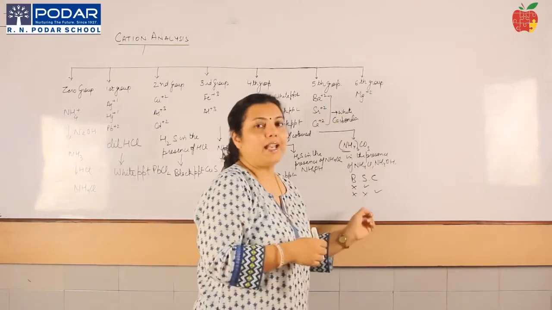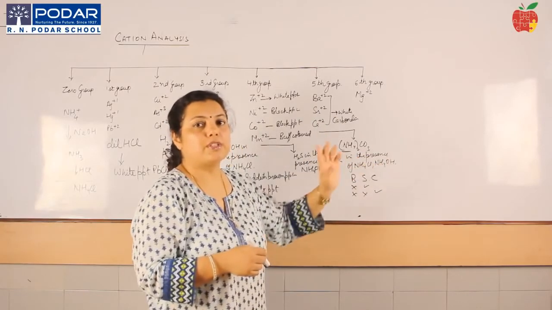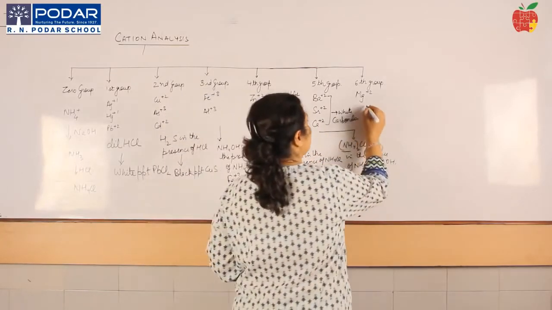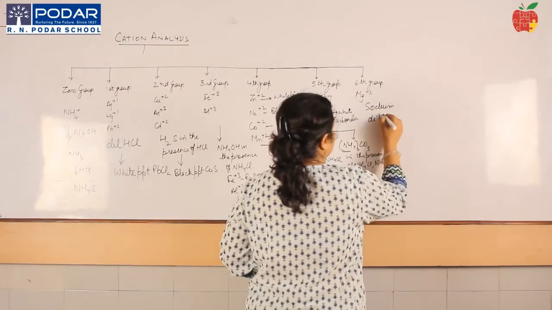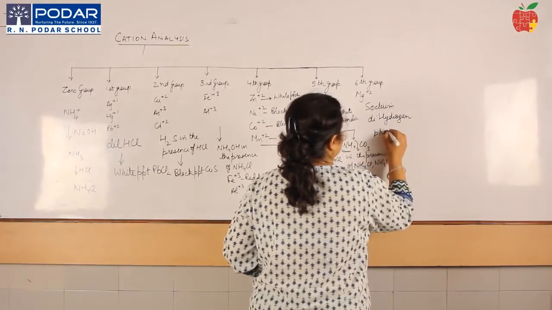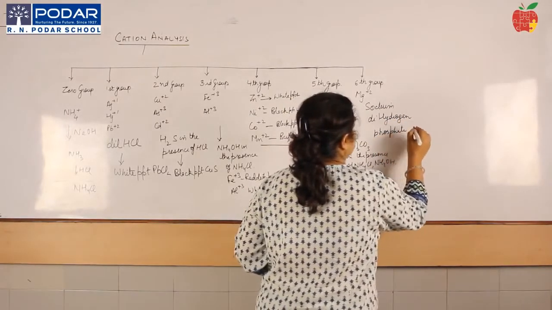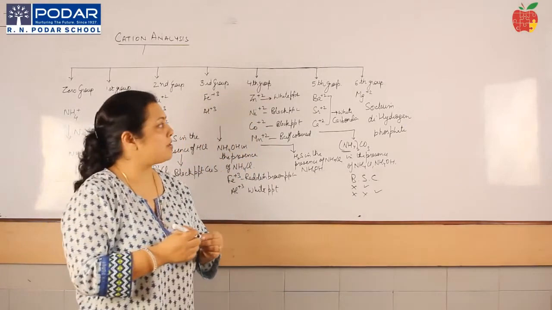If you don't get any kind of precipitate in the fifth group, then you will move on to the sixth group, where the reagent which is used is sodium dihydrogen phosphate. So you will take your salt solution, you will add this, and scratch the test tube a little because you need to do seeding for precipitation of this.